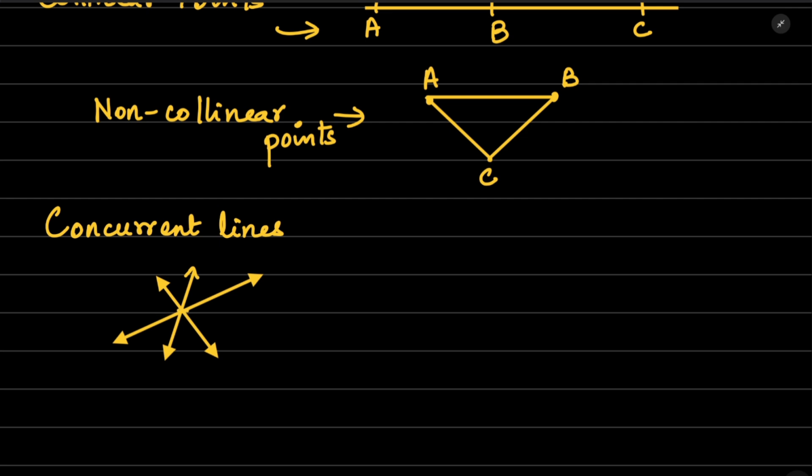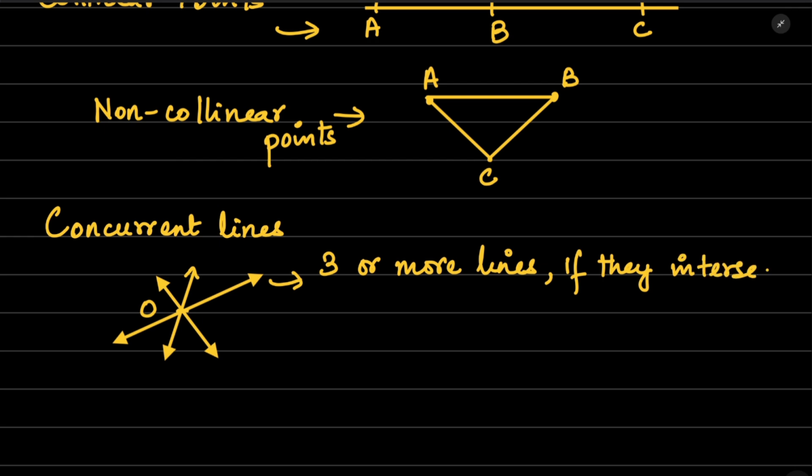Here you have a common point, say O. Three or more lines are said to be concurrent if they intersect at the same point. So these are concurrent lines.